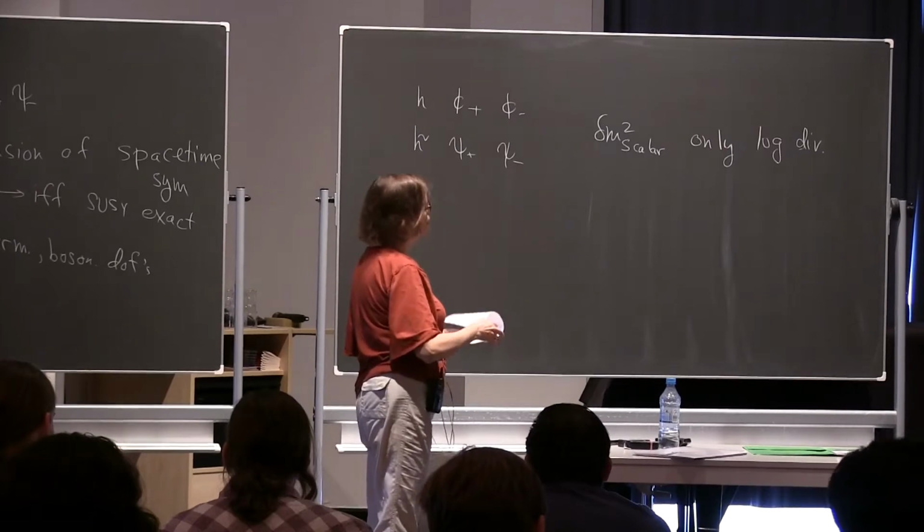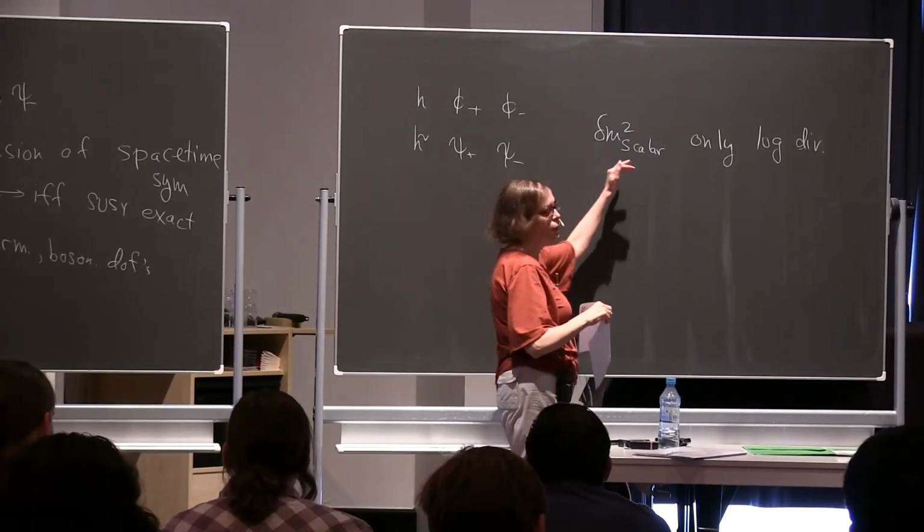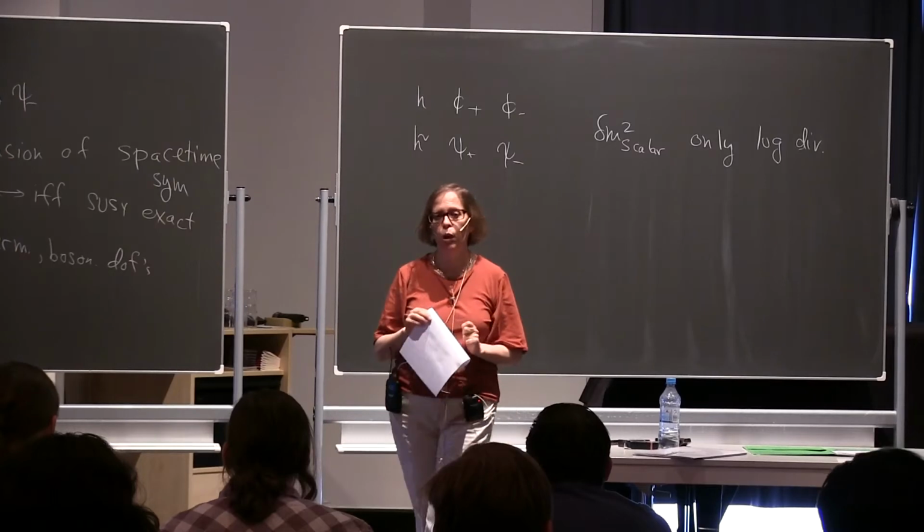And we said that that's the thing that makes supersymmetry useful for solving the naturalness problem in the standard model.